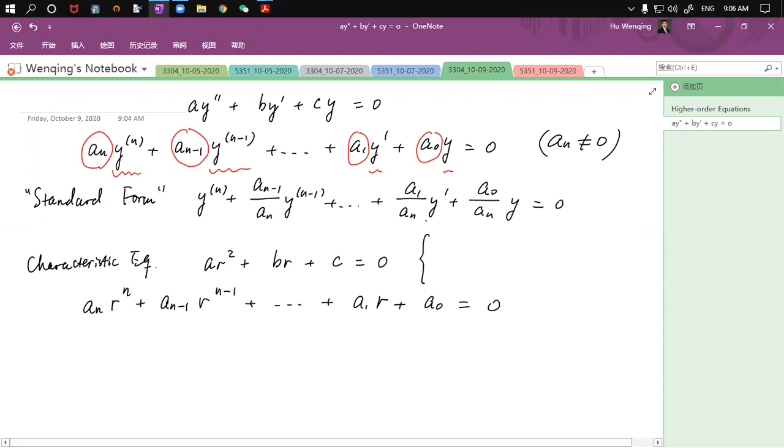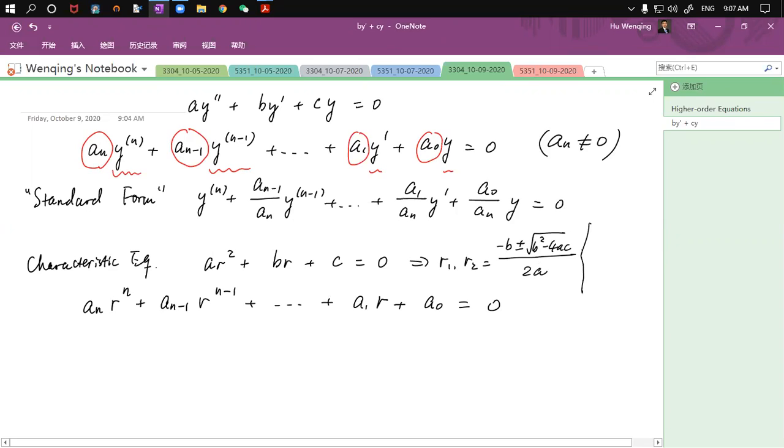So from the characteristic equation, you're able to solve for r1 and r2 based on the discriminant formula: minus b plus or minus the square root of b squared minus 4ac, divided by 2a.